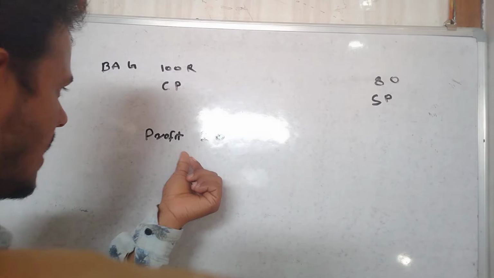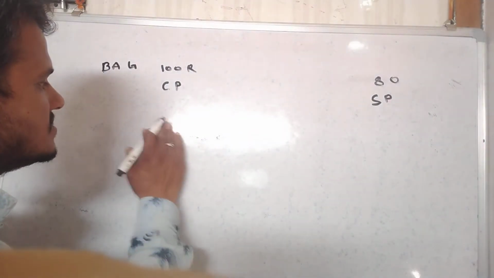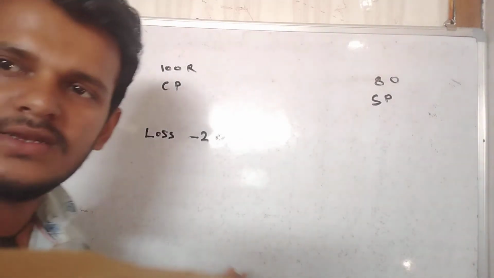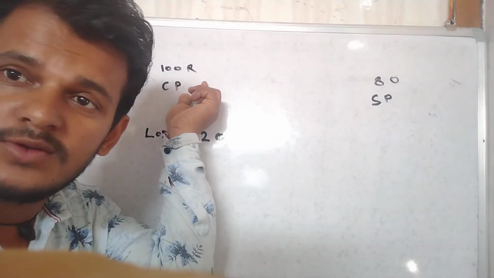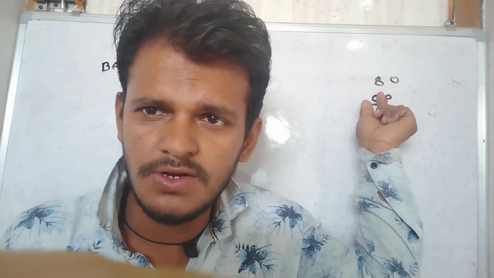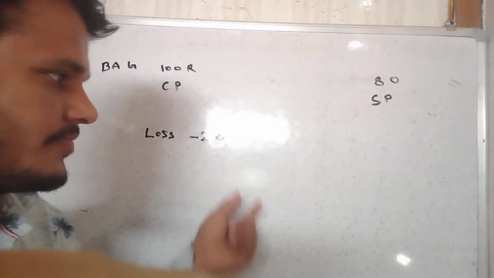So you have minus ₹20. Minus 20 means this is loss. Am I right? See here, you bought for ₹100 and you sold it for ₹80. So your ₹20 is loss.